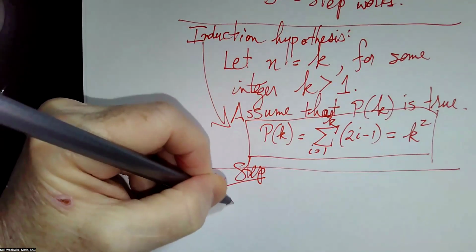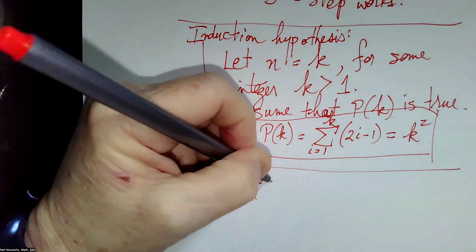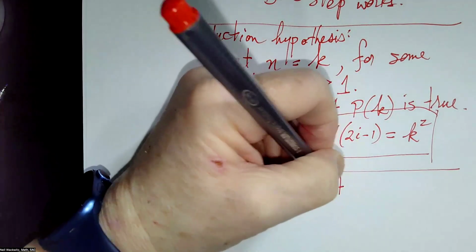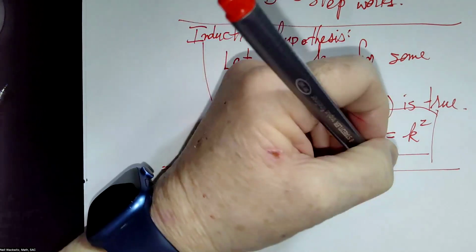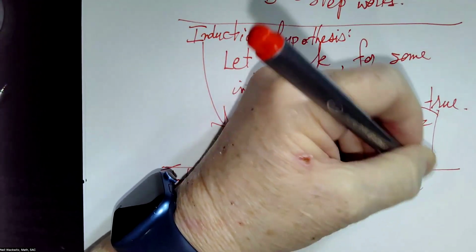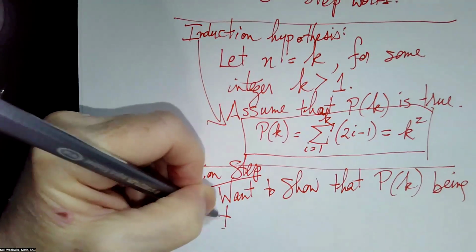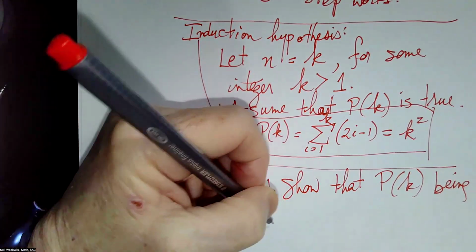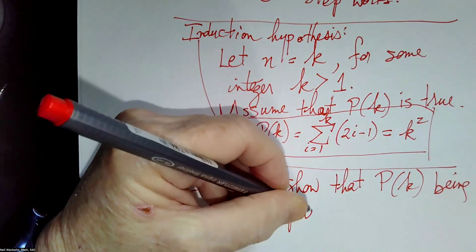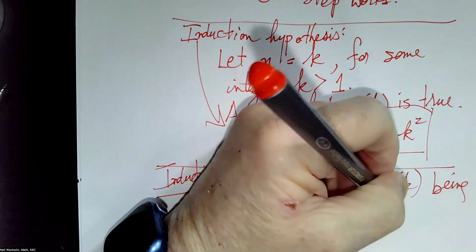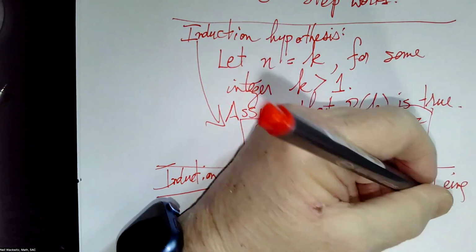is that we want to show that P of k being true implies that P of k plus 1 is true.